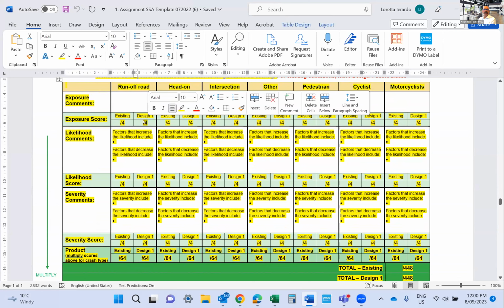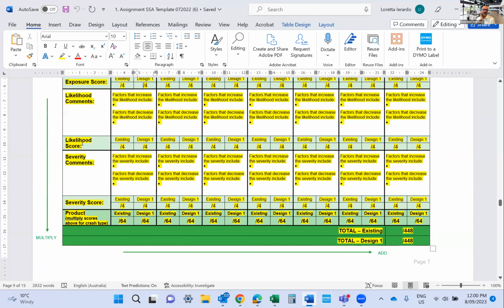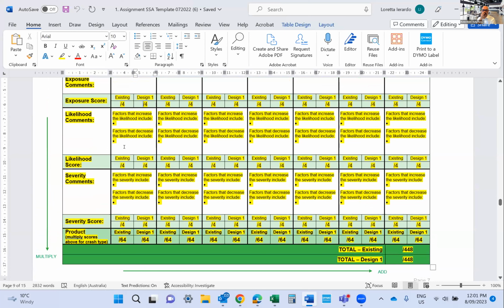Then when you copy it and paste it, you'll put scores in design 1. The reason for that is it's very easy then for our assessors to see the change between the existing conditions and the design. But for the design one, it'll just be left blank. Dot points for lots of different factors, adding up. In the first one, it'll be the existing conditions total score with no design score. And then the second one, when you copy it and paste it, it'll be the design score as well.